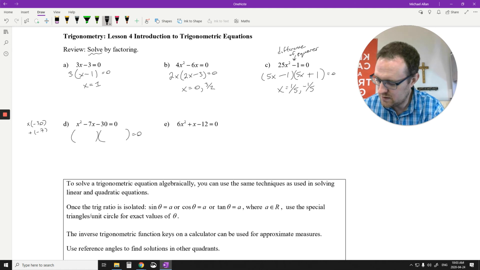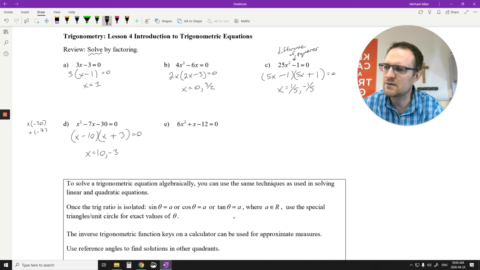Divide by 2. No. Divide by 3. 3 would work. 3 and 10. X times x gets us that. We need a negative 7, so the 10 has to be the negative because it's a negative number. So the bigger number has to be negative. The other has to be positive. Okay. What would make this equal to 0? 10 and negative 3.